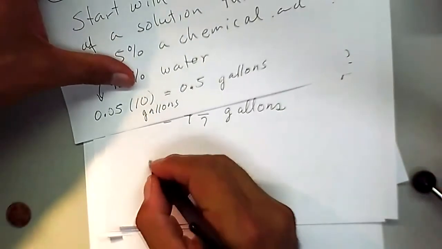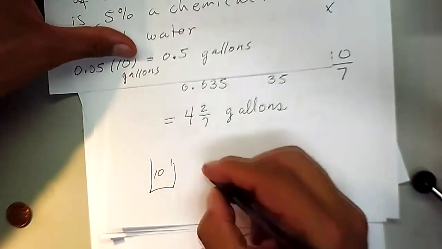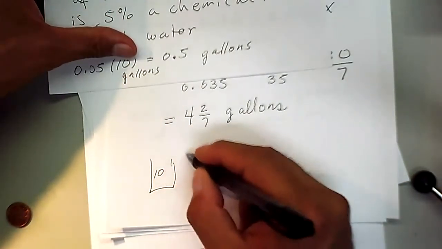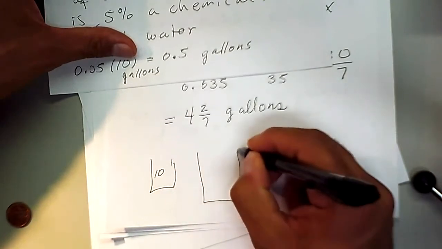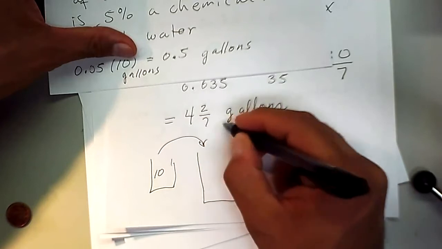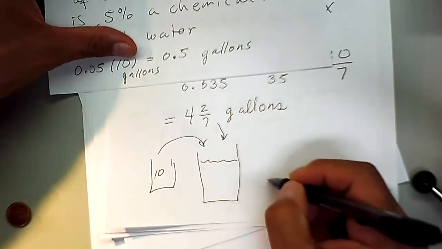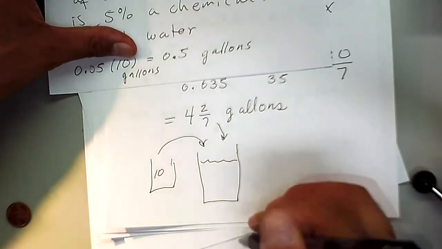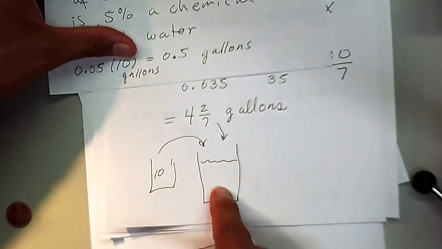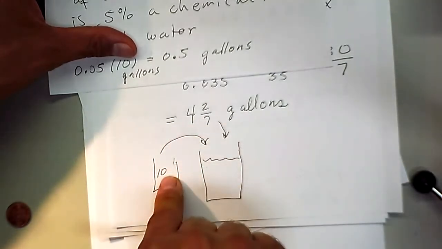So we have the initial 10 gallons total, like in this case. We need to pour that into a big container. And then we need to add the 4 and 2/7 in this big container that can hold 14 or 15 gallons. And then if we need to only have 10 gallons, we mix this up and then we put this back into the 10-gallon container.